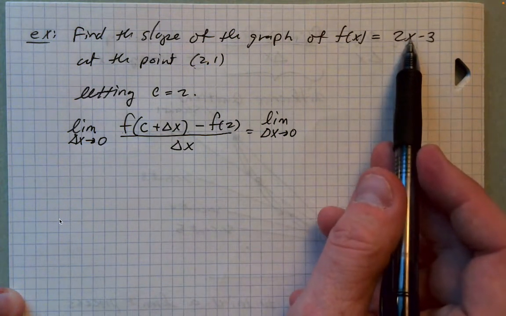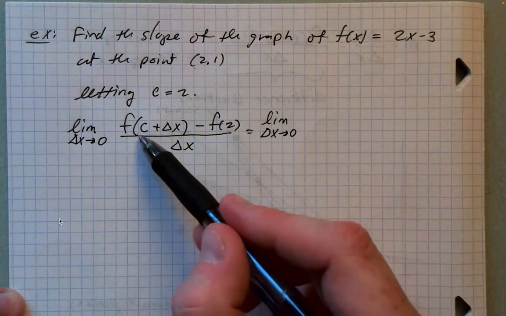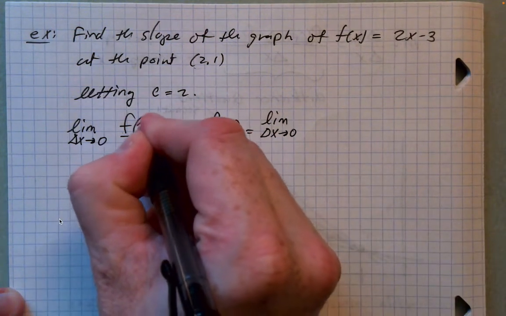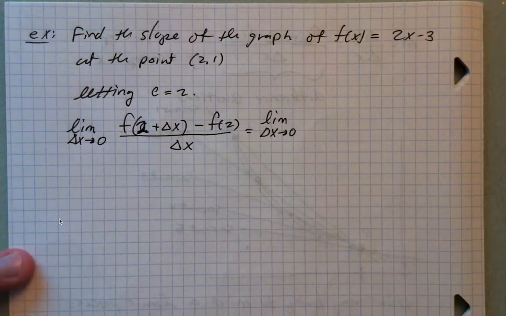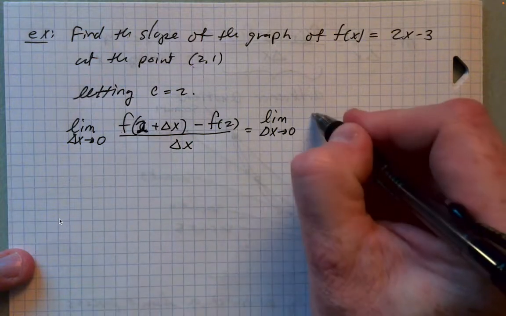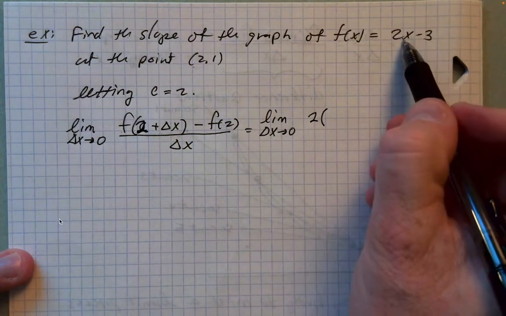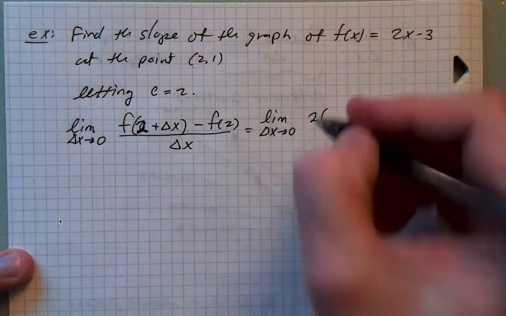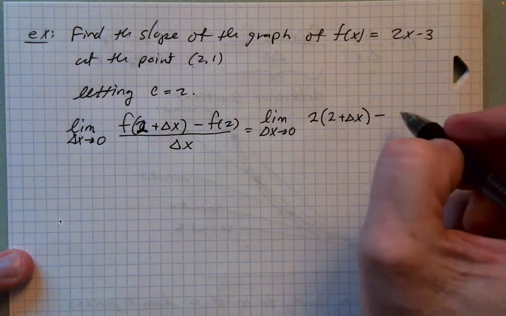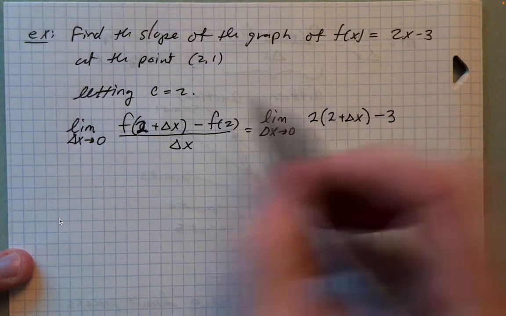So everywhere you see an x, you now have to plug in a c plus delta x. And this should be a 2 here. We know what c is. So specifically for this first piece, I would have 2 times x, x is 2 plus delta x, minus 3. So that's this piece.